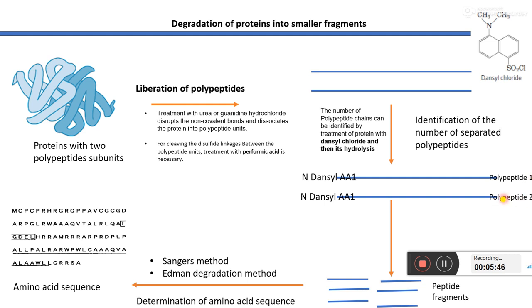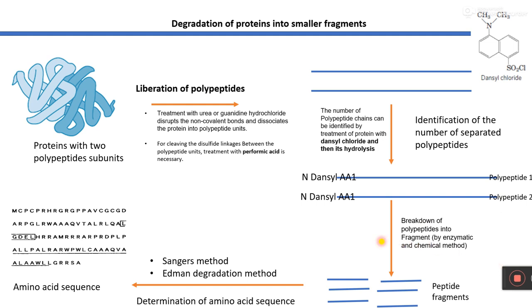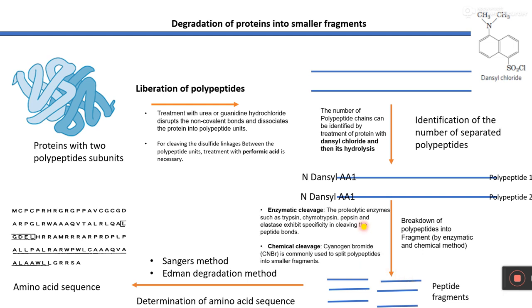The next step in this direction is the breakdown of polypeptides into fragments. Here polypeptides are degraded to small peptides by enzymatic or chemical methods. In enzymatic cleavage, proteolytic enzymes such as trypsin, chymotrypsin, pepsin and elastase exhibit specificity in cleaving the peptide bonds.